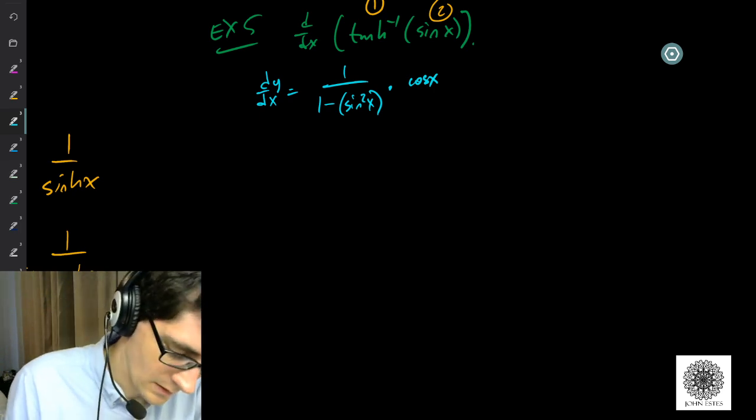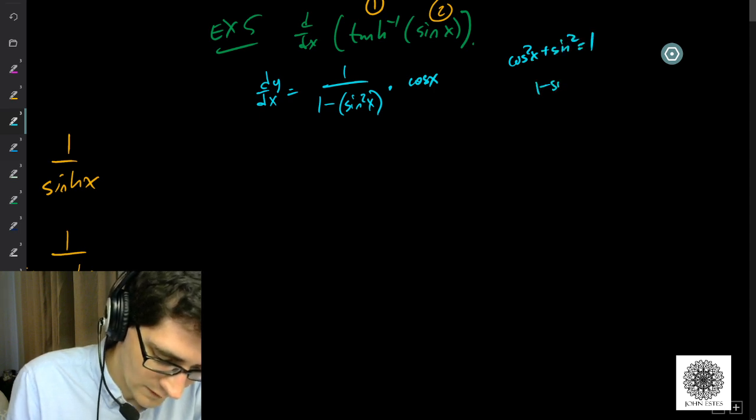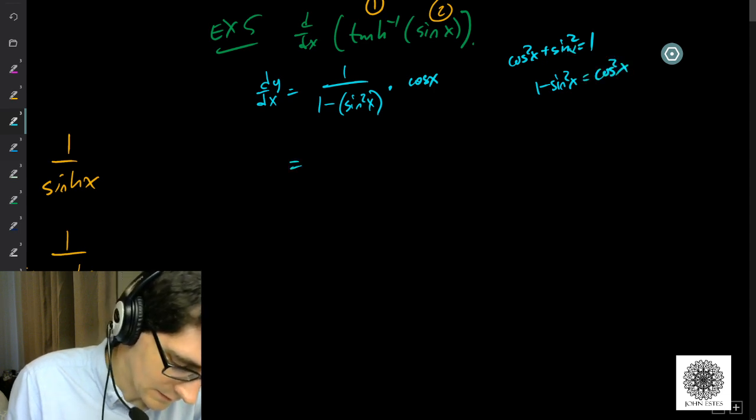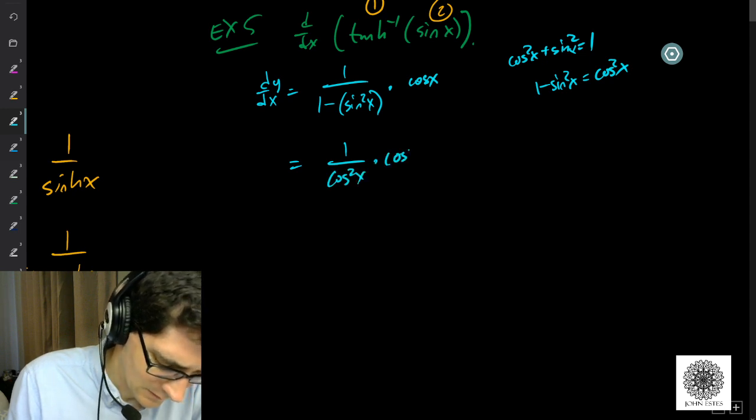Now remember here the Pythagorean identity: cosine squared plus sine squared equals 1, which means that 1 minus sine squared x equals cosine squared x. So this denominator, 1 minus sine squared, is actually the same thing as cosine squared, times cosine x on top.